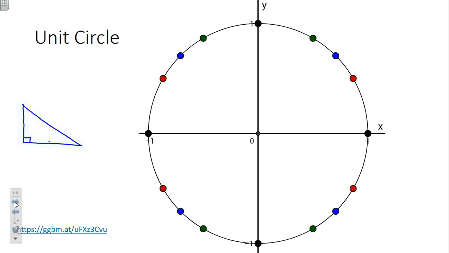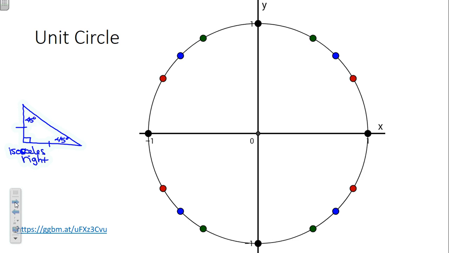What kind of triangle is this? A right triangle, and even more specific than a right triangle, isosceles. Okay, an isosceles right triangle. In other words, it's a 45, 45, 90 triangle.